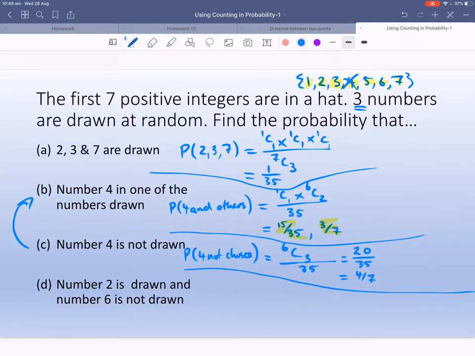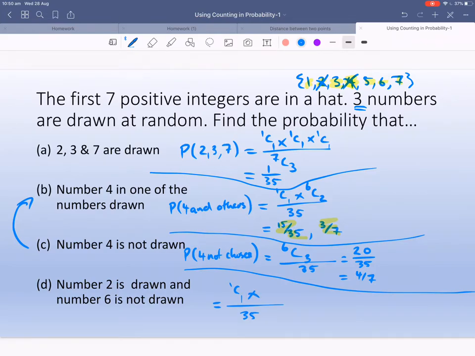Okay. Now the last one is interesting. It goes number 2 is not drawn. So we've got to take number 2 out, but remember number 4 is back in it. Oh no, number 2 is drawn. Sorry. So this will be 1 choose 1 because we have to pick the number 2, and then number 6 is not drawn.